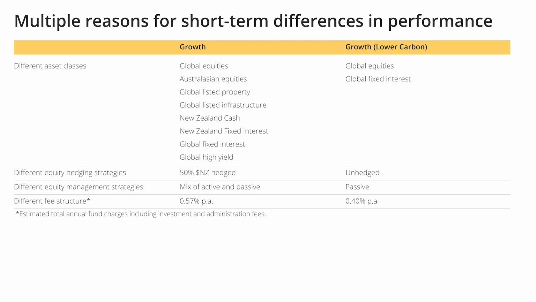The other key difference between them is in terms of the equity component. For the conventional growth fund, the equities are split between two products. One of them is straight up global equities, and the other one is the sustainable fund, which is passively managed, so it just tries to follow an index, whereas the other portion of the equities is actively managed, so it's trying to beat the index. Whereas in the case of the growth lower carbon, all of that equity exposure is passive.